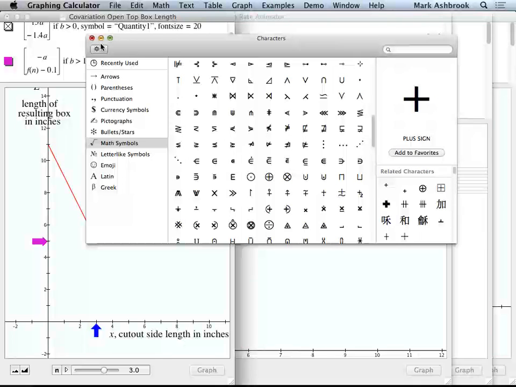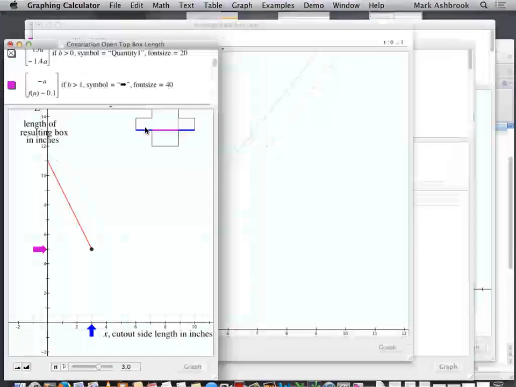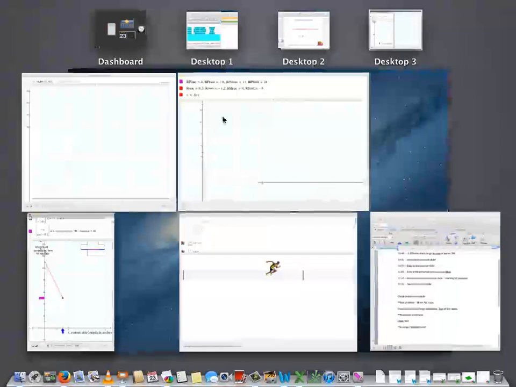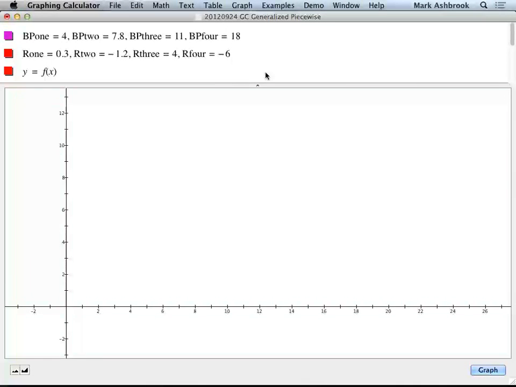Okay. So next task then is this will be for one of the things for Monday, a generalized piecewise generator. Okay. So basically, I'm calling out breakpoints, which are x values where there's going to be a break, a change in the constant rate of change. And then here, these are the rates, the constant rates of change.